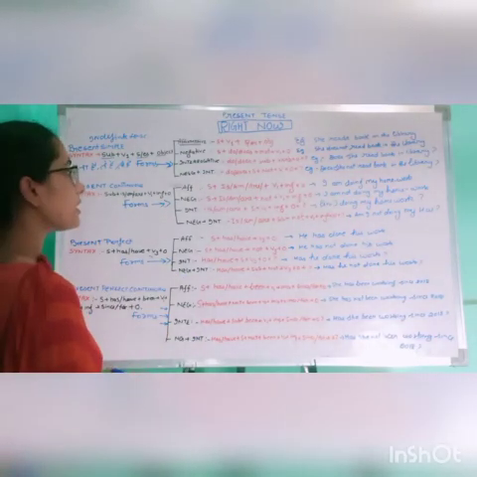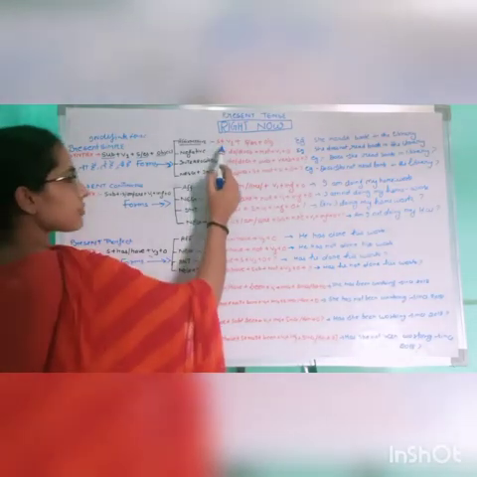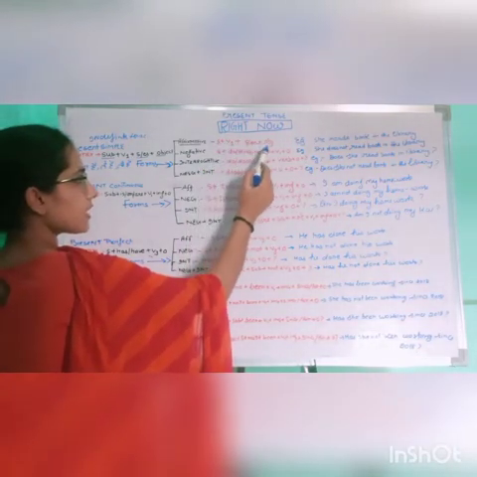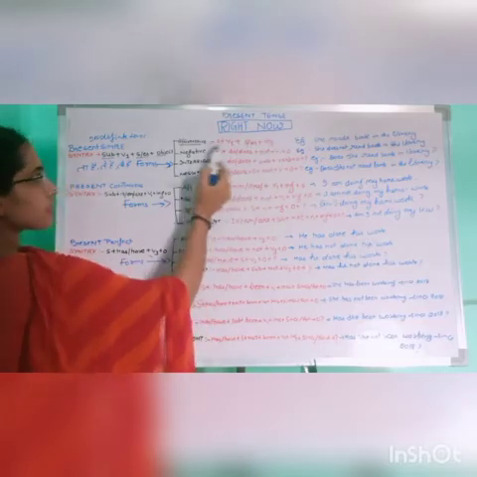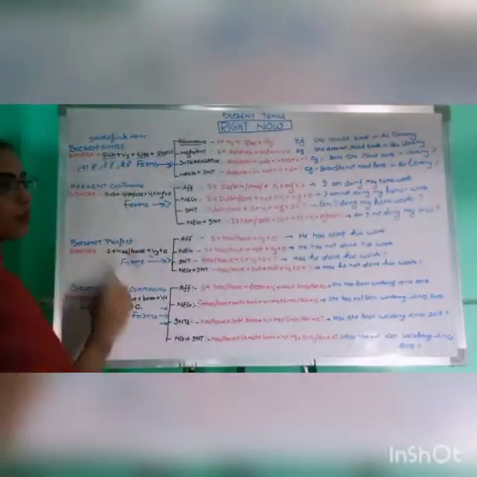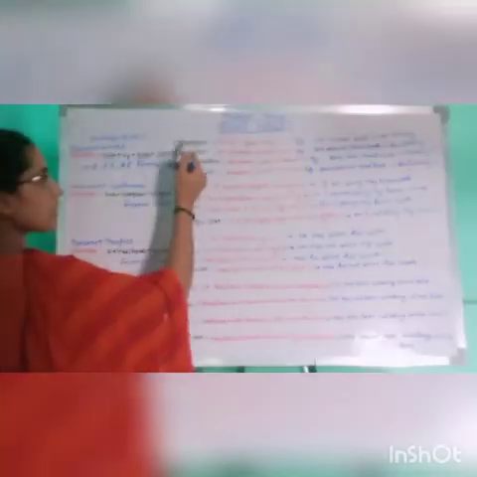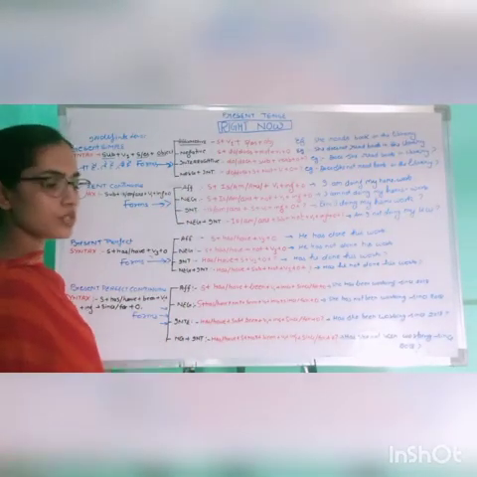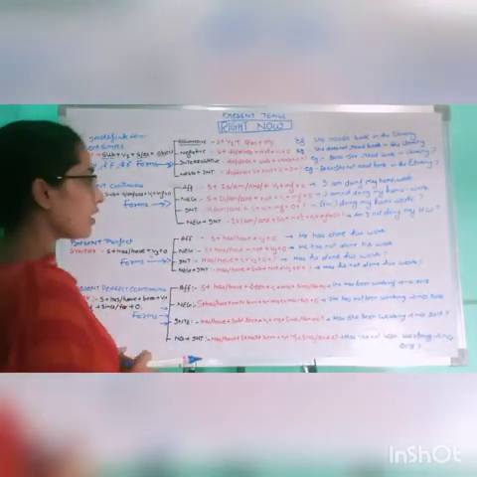For affirmative sentences the syntax is subject plus verb first form plus S or ES plus object. That means this also refers to the syntax of present simple, right? Affirmative refers to simple sentences which are generally of the basic kind.